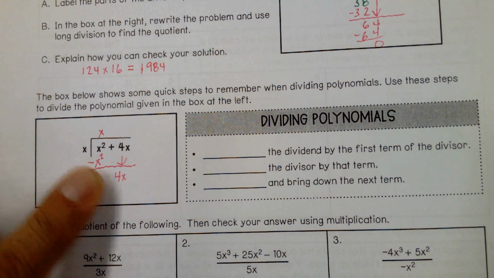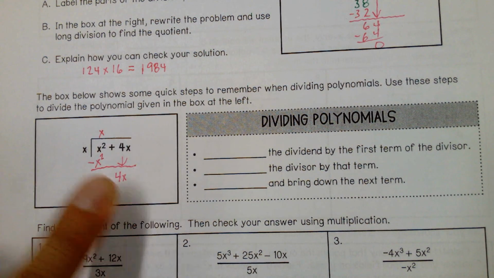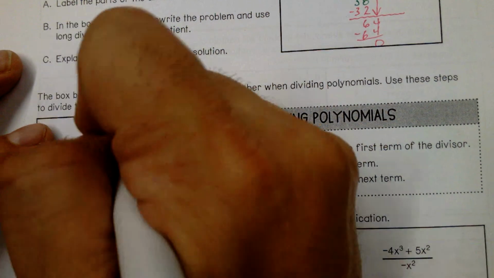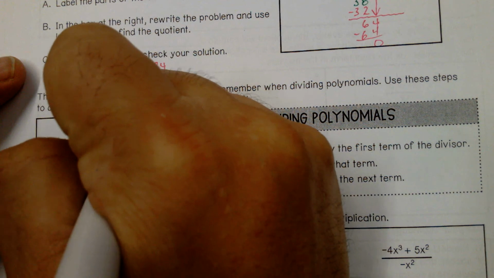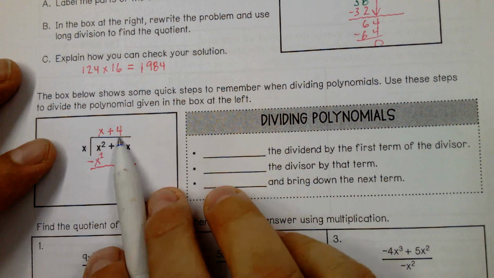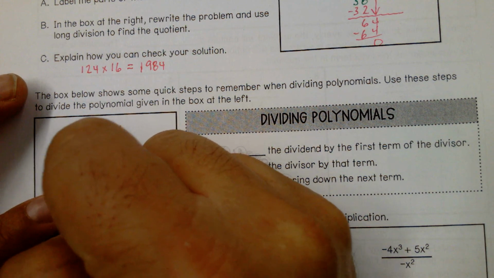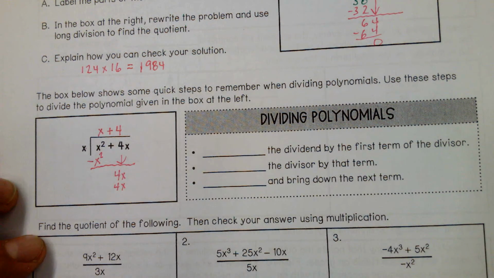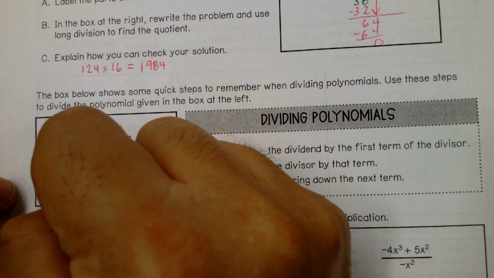So now I say x times something gives me 4x. 4. And it's positive 4, right? So I'd put a plus 4. And then 4 times x gives me 4x. And then I apply the subtraction, do the opposite basically.